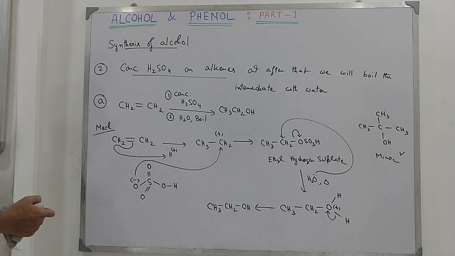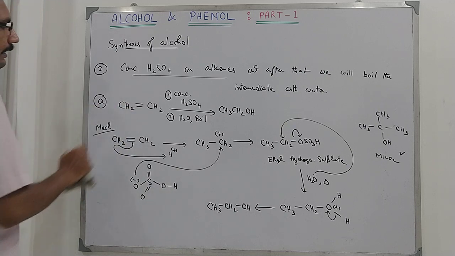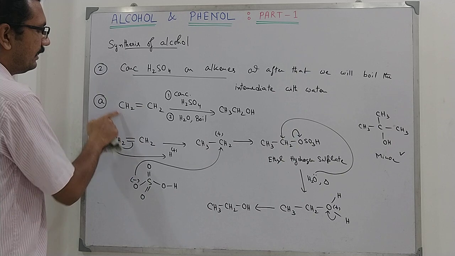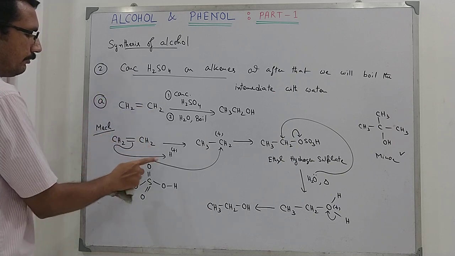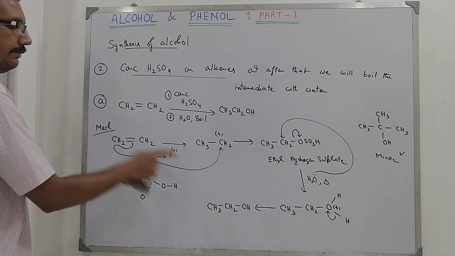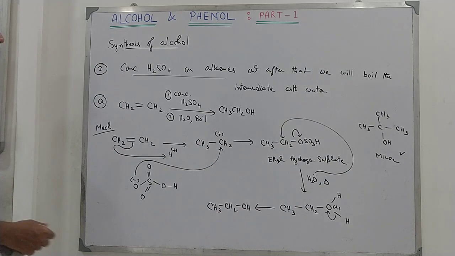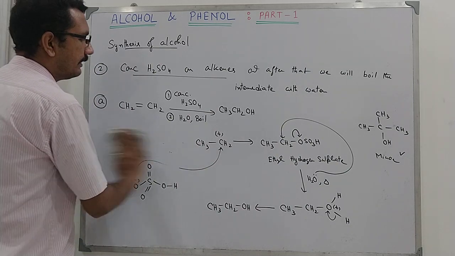Now what will happen when we start with an asymmetric alkene? Here you see it is a symmetric alkene, so H plus can attack on either carbon, that will give the same product. But if we start with an asymmetric alkene, what will be the product? Let us see.